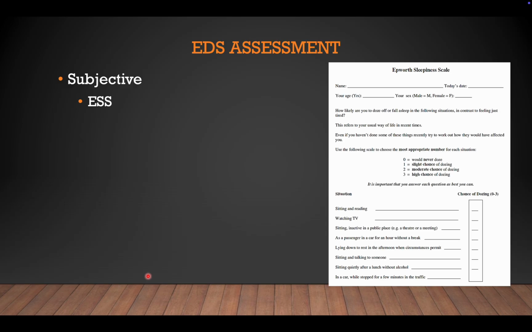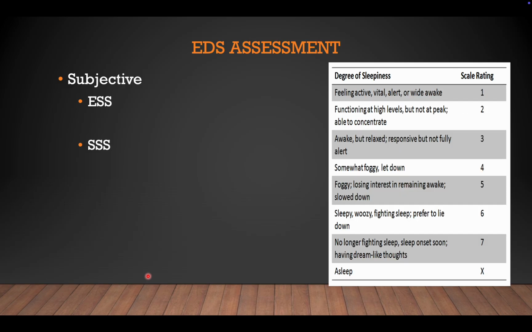A higher number, more than 10, is considered sleepy, and lower, less than 10, is considered normal. Another subjective tool is the Stanford Sleepiness Scale, with 8 options on how you feel now. This is like a snapshot in time. So how sleepy you are now. That's the question of the Stanford Sleepiness Scale, whereas the ESS is an overall sleepiness feeling over a few days to weeks.